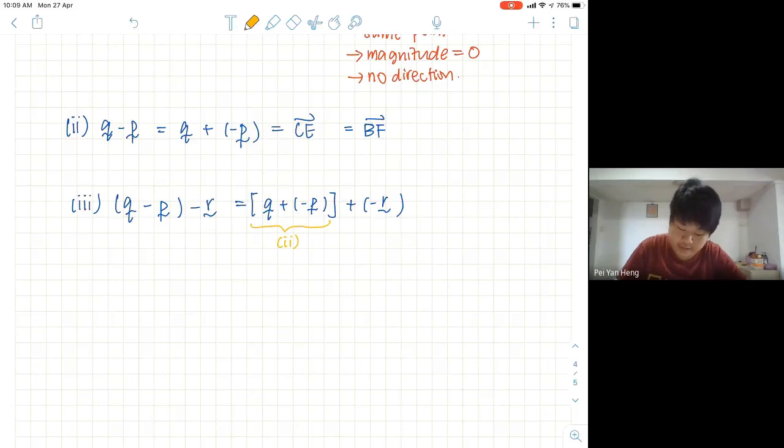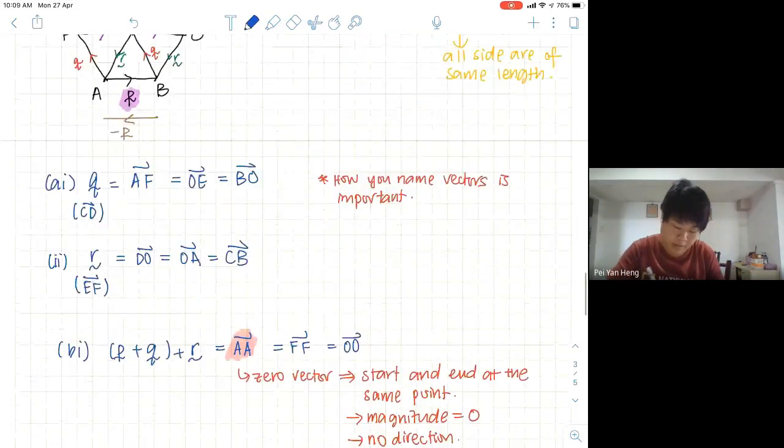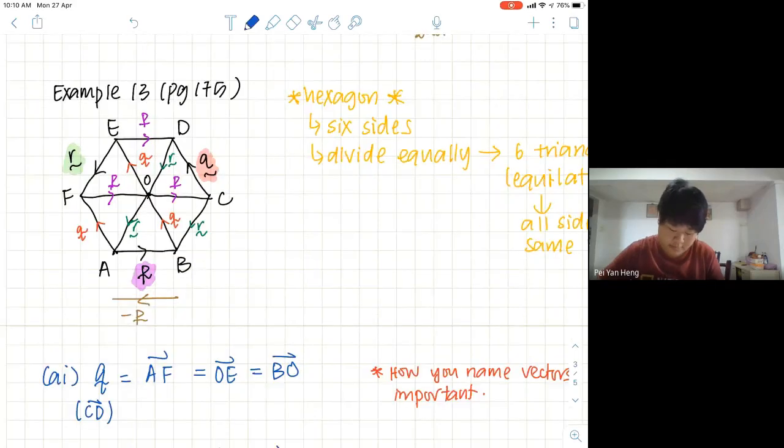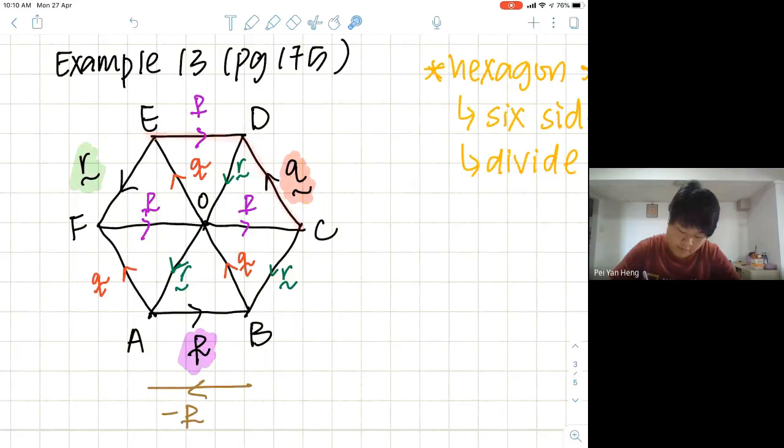So now you just need to add a negative R. So where we were stopping just now, we have vector this plus this. So we know that from here, we walk to here. Now you want a negative R.